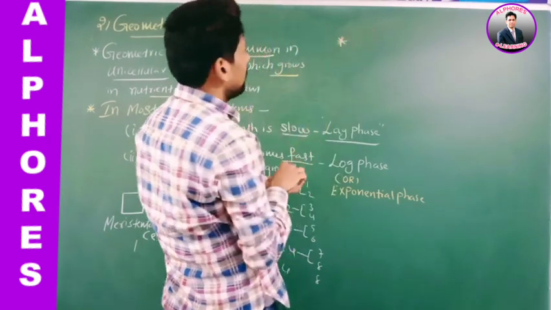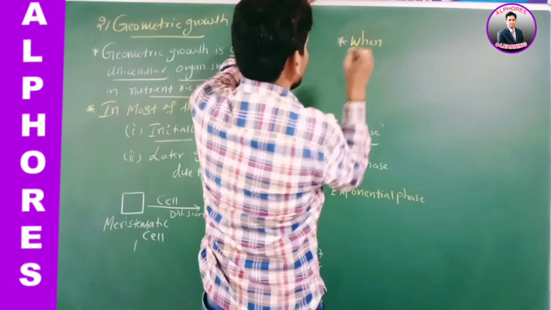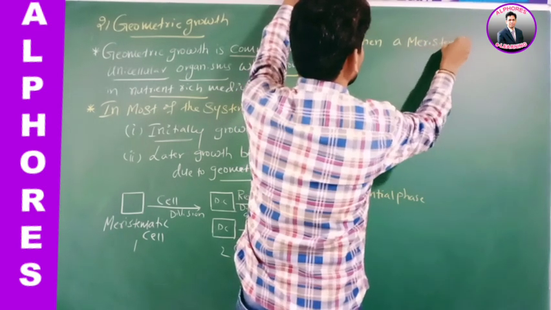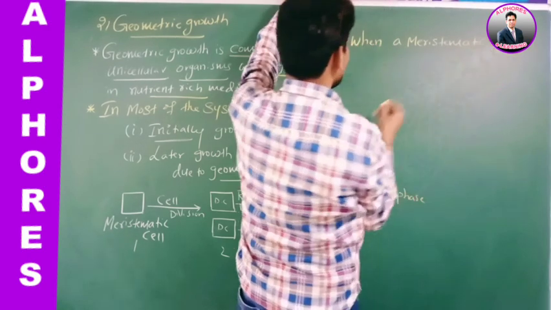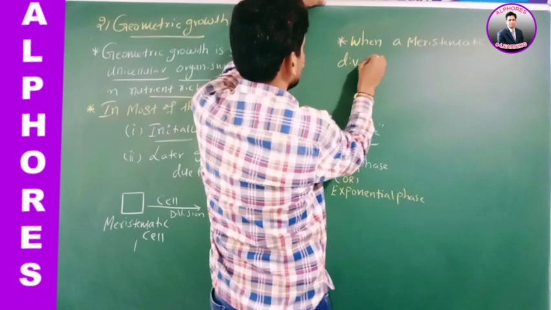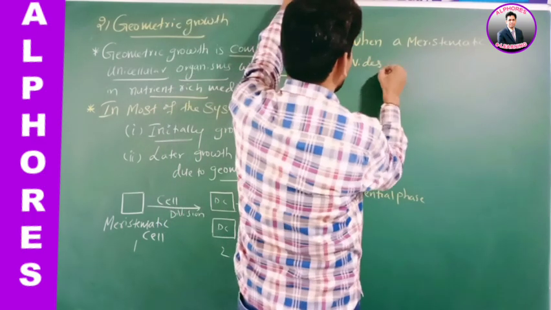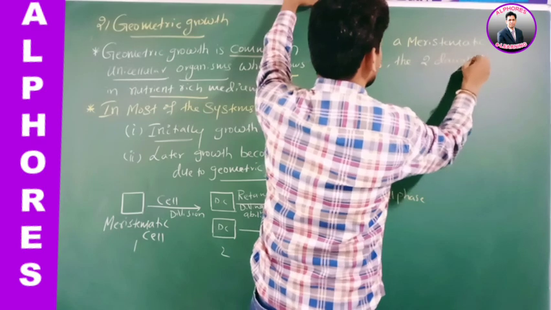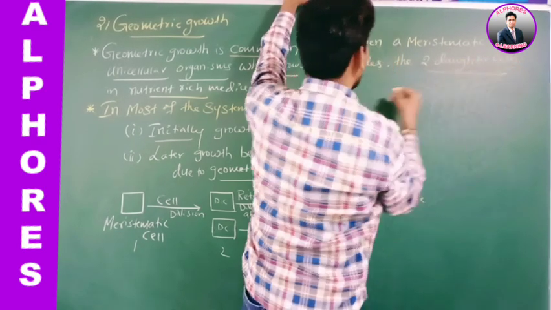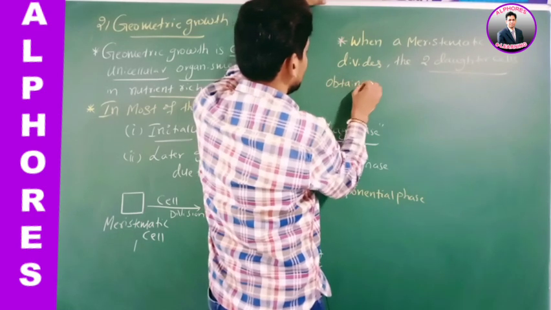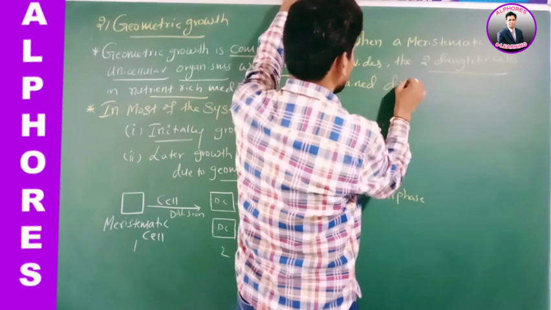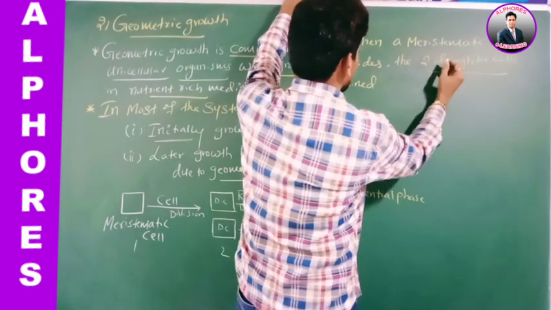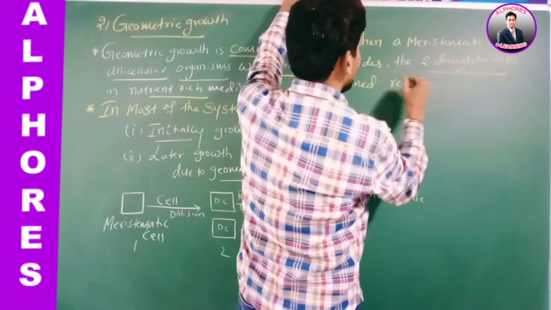Therefore, when a meristematic cell divides, the 2 daughter cells obtained retain dividing ability, right?